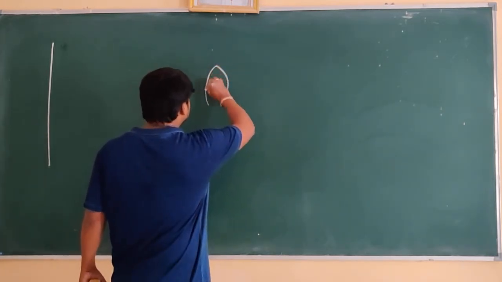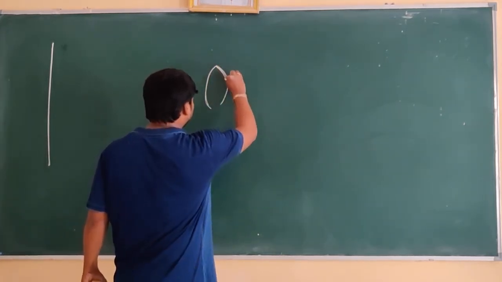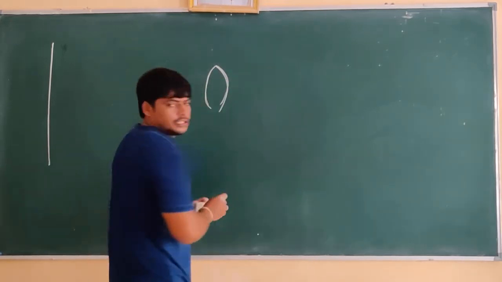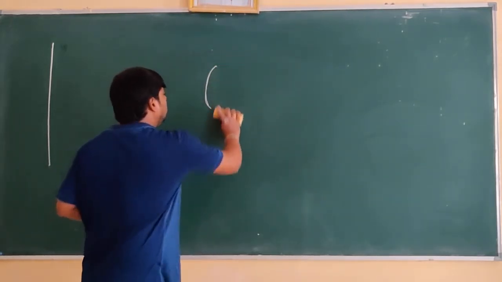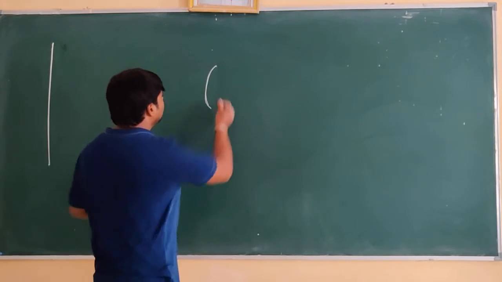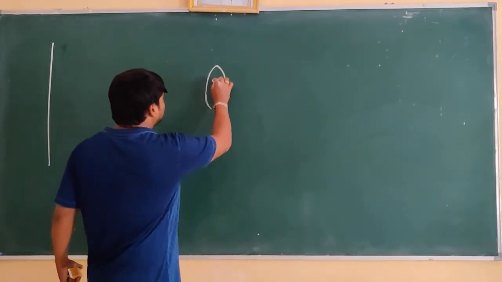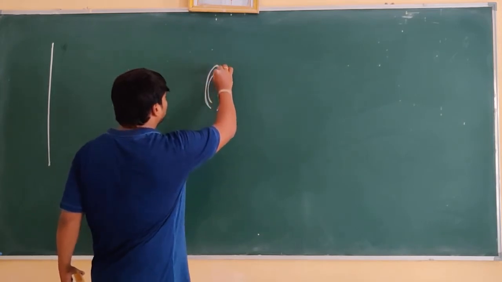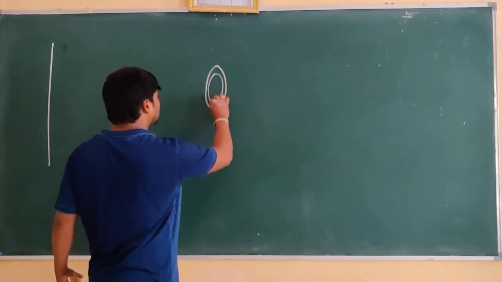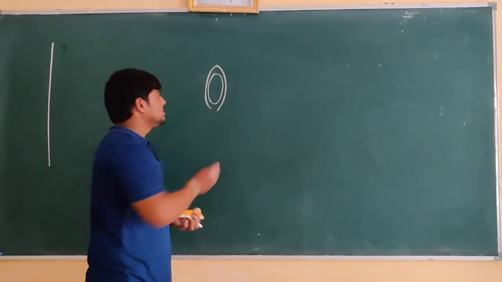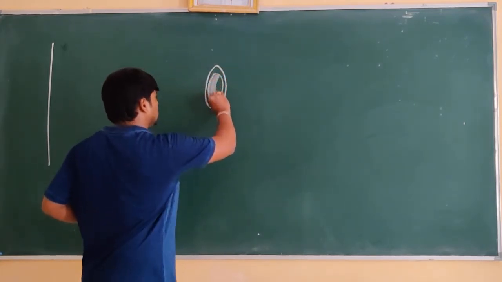These consist mainly of a head part. The head part of this sperm cell consists of the nucleus.